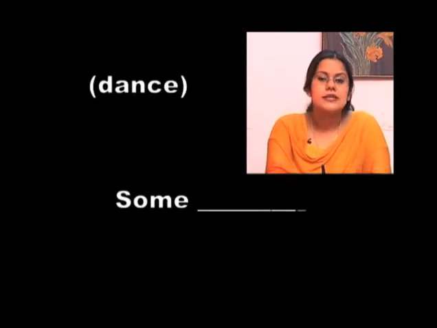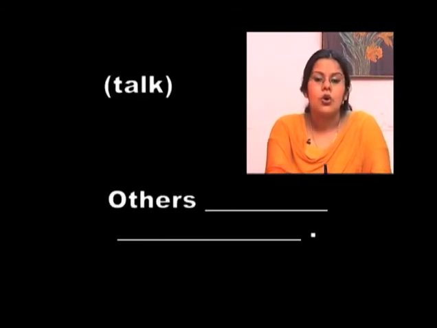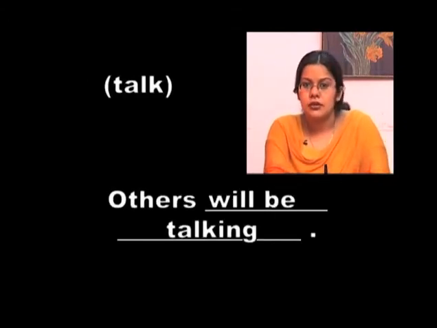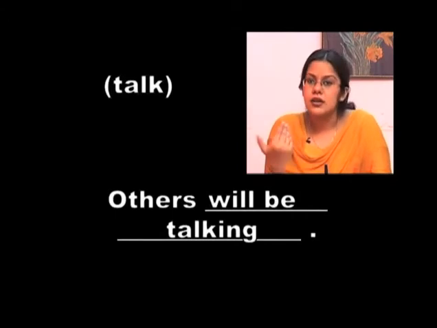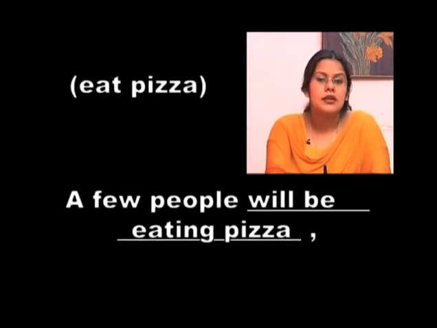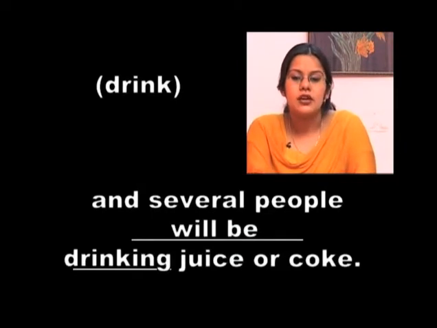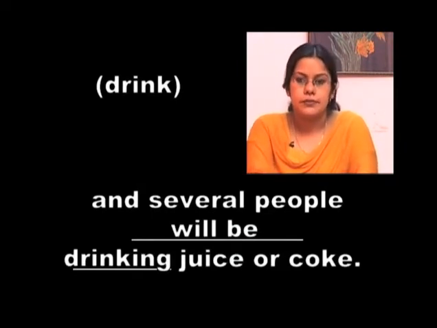Then some will be dancing, others will be talking. So कुछ लोग डांस कर रहे होंगे, others will be talking. A few people will be eating pizza and several people will be drinking juice or coke.